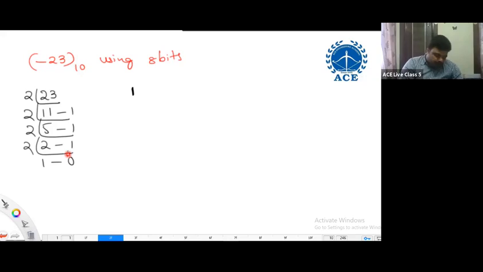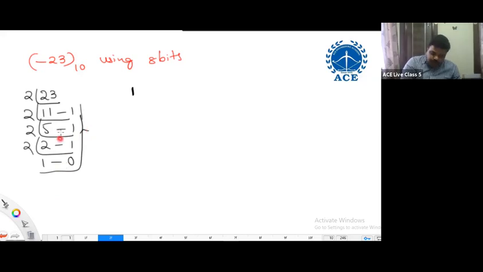That means only 5 bits is sufficient to represent this magnitude. But how many bits do I need to use for magnitude? 7 bits, because it is an 8-bit representation. In 8-bit representation, MSB for sign and all the remaining 7 bits for magnitude. So I need to represent this 23 using 7 bits. How can I make that? Appending zeros.